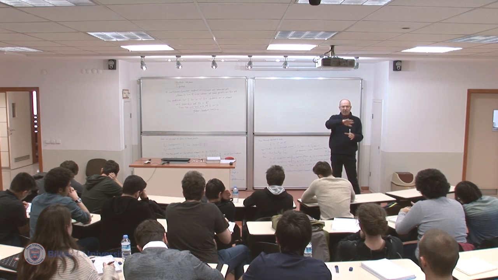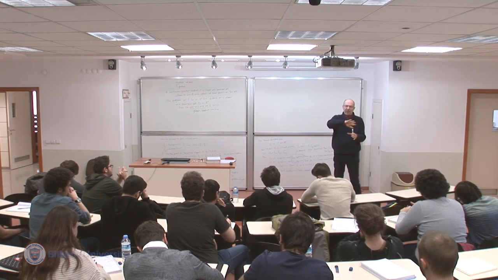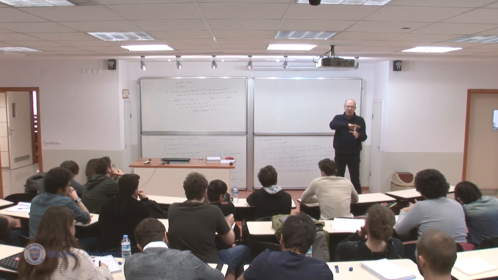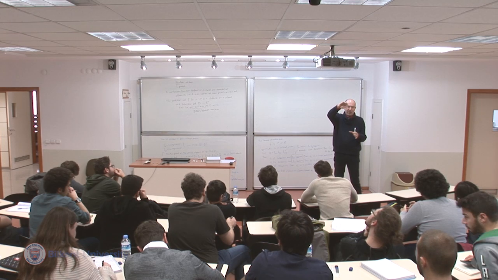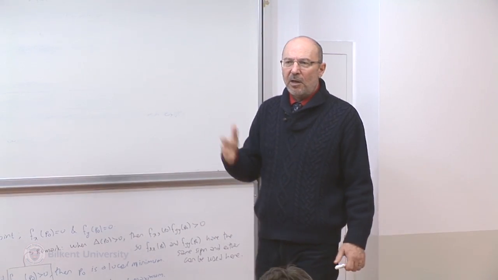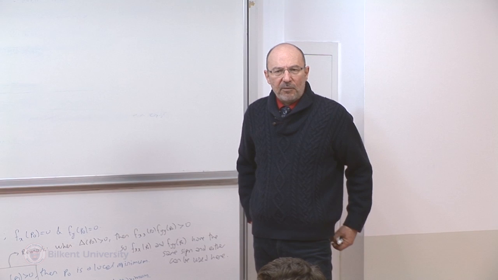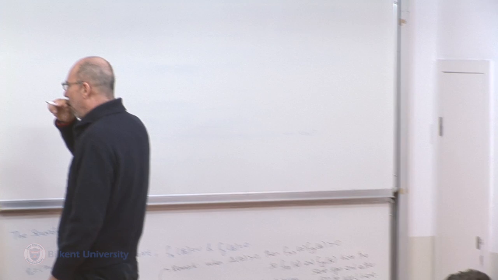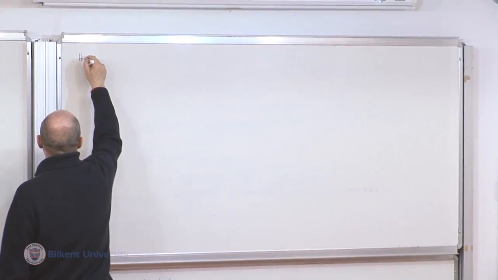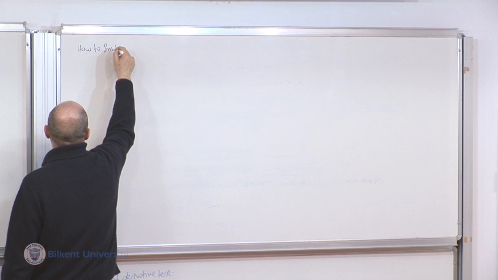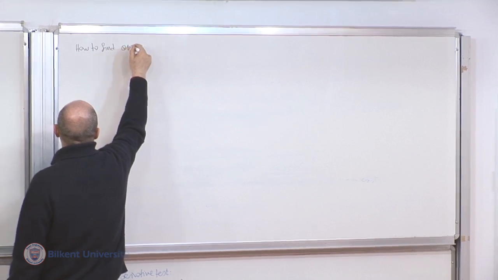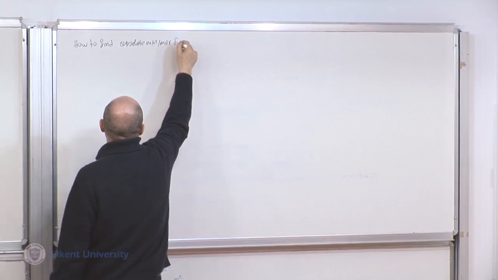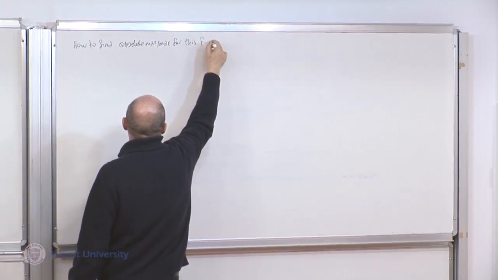Obviously, the minimum value and the maximum value of this plane cannot occur at an interior point. The minimum must occur somewhere on the boundary, and the maximum must occur somewhere on the boundary, and it has nothing to do with the derivative inside the disk. So how to find the absolute min and max for this f on D?